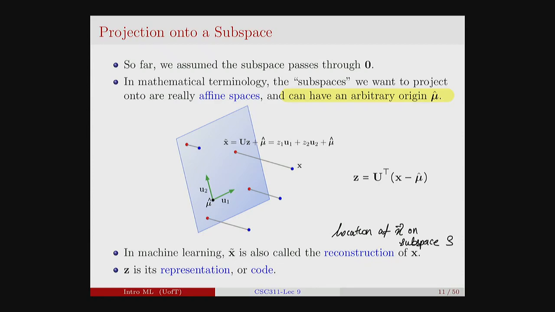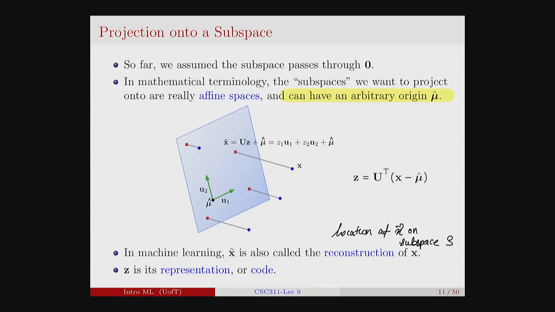So in machine learning, there's many, many times you'll start seeing this idea of a reconstruction, which is taking some data point, putting it through some computation, and getting out a reconstruction. And so this projection can be thought of as this reconstruction of this point on the projected subspace. And so we'll use x tilde and call it the reconstruction of x. And we'll use this term z, and we'll call it the representation or the code.